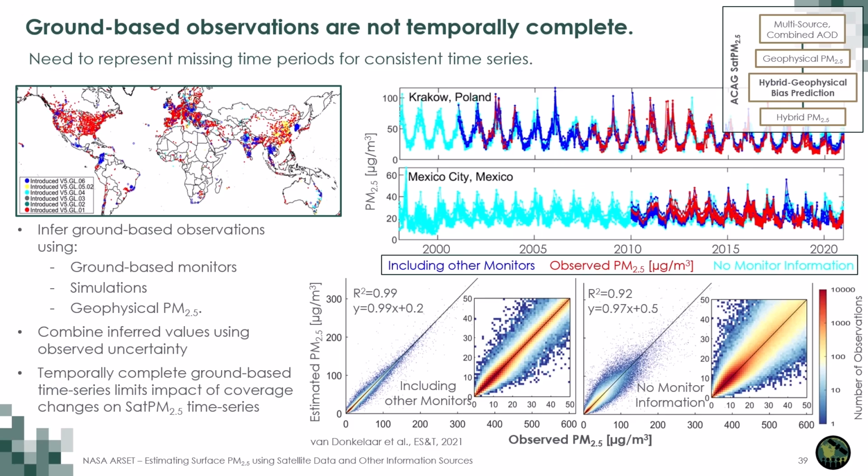A couple sample time series are shown above, with the red line showing the directly observed concentrations, the blue line showing the inferred values that have benefited from other local monitors, and the cyan color showing inferred values where no other local monitors were available. This representation of missing observation obviously adds some of its own uncertainties, but is overall very much a net benefit for ensuring long-term consistency and applying the insight gained from more recent heavily monitored time periods to earlier years.